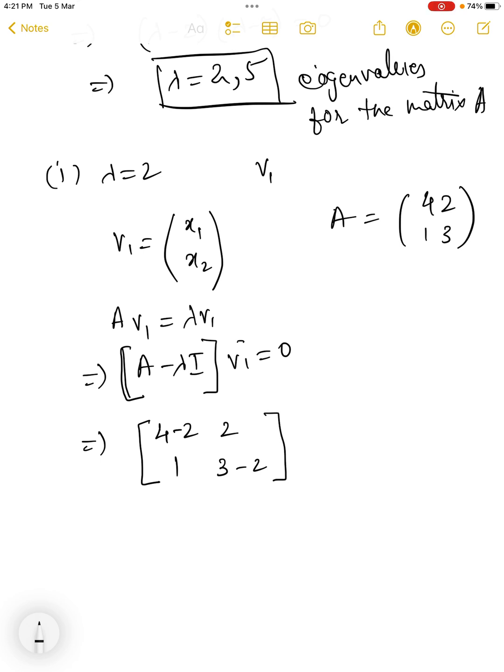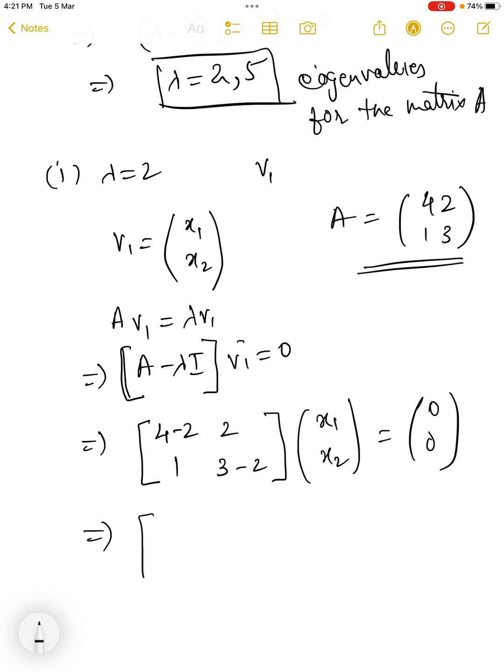What we did is we subtracted eigenvalue 2 in the diagonal entries of our matrix A. Taking v1 as [x1, x2] equal to [0, 0], now 4 minus 2 is 2, so [2 2; 1 1] times [x1, x2] equal to [0, 0].